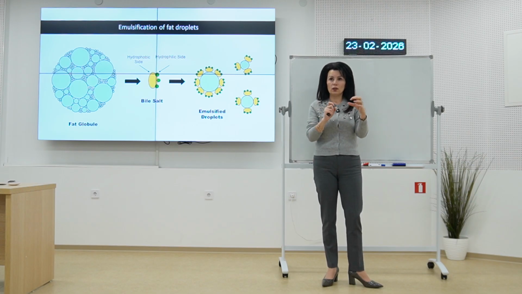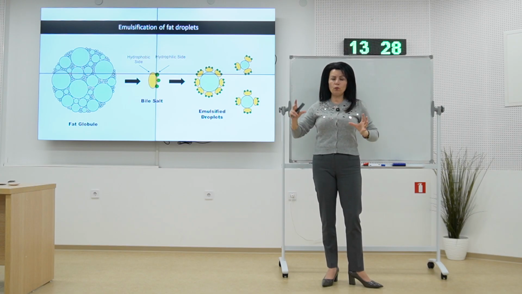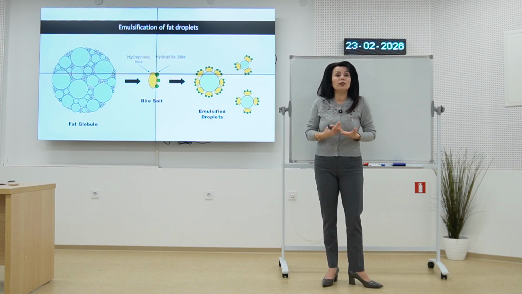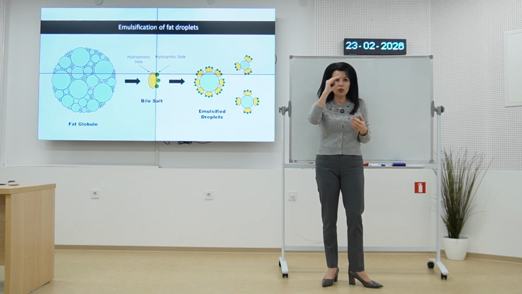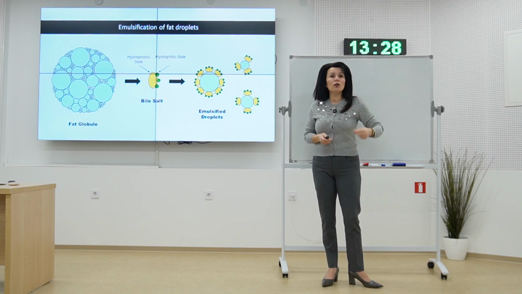Enzyme pancreatic lipase, substrate TAG, to form the enzyme-substrate complex. But if there is a very big drop, there are many molecules of TAG without the possibility to be in contact with the enzyme. That's why they need to be degraded into small particles called emulsion, thanks to bile acids.